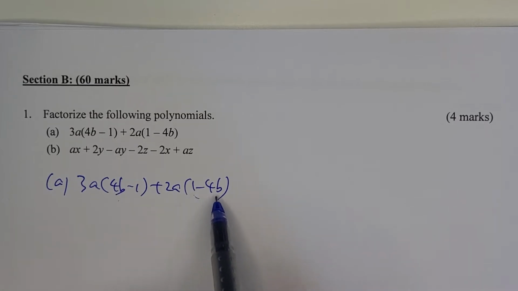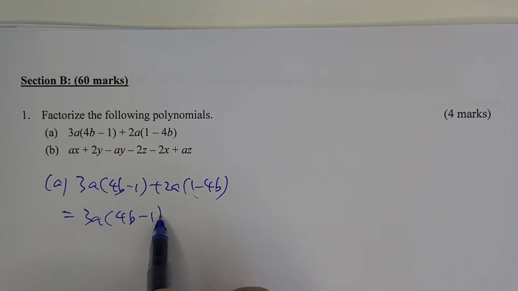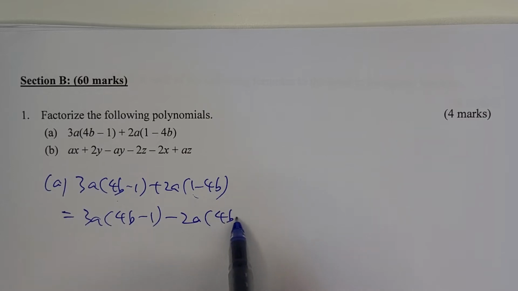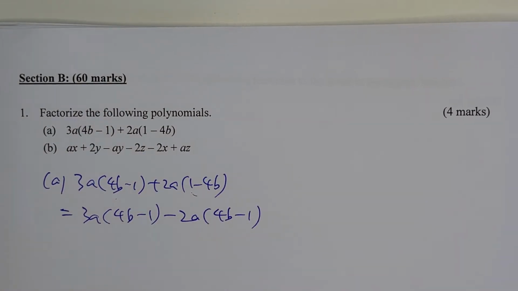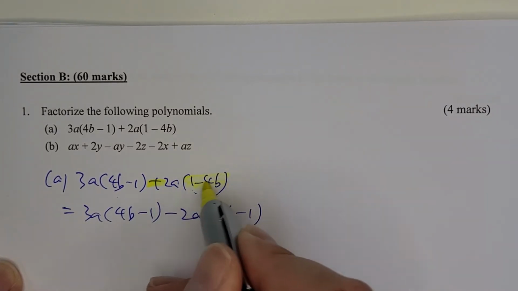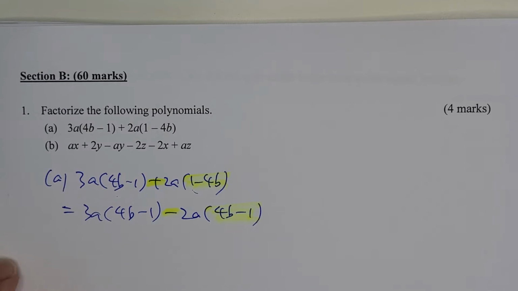You want to swap these two terms. What you can do, you can just change this positive sign to negative. Then there's 4b minus 1. So the only change is all these. Okay? The rest of them, no change.